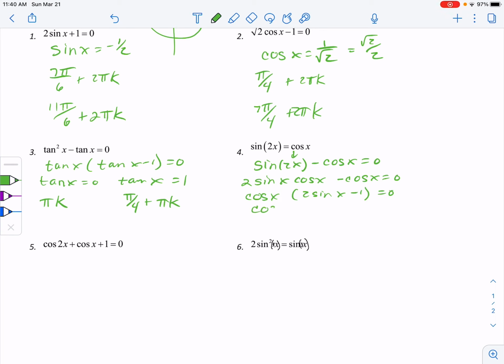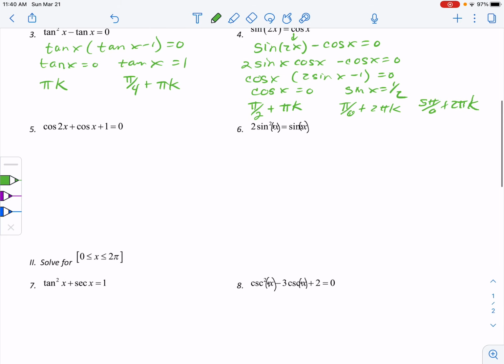So you need to know when the cosine of x equals 0 and the sine of x equals a half. The cosine is 0 at pi over 2 and 3 pi over 2, so it's pi over 2 plus pi k. And the sine is 1/2 at positive pi over 6 plus 2 pi k, and 5 pi over 6 plus 2 pi k.